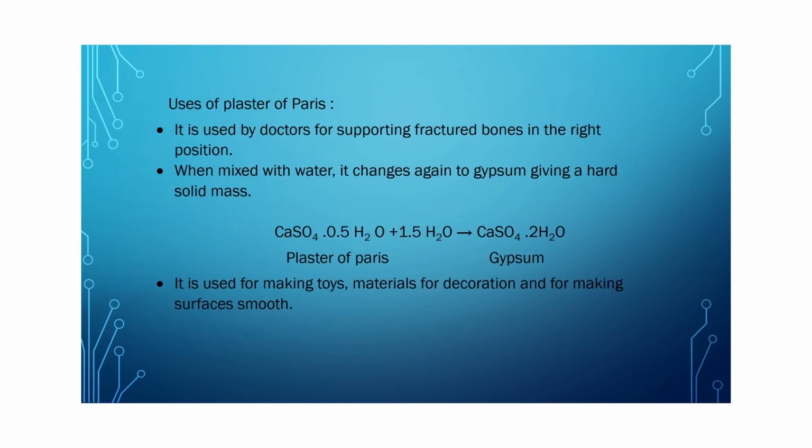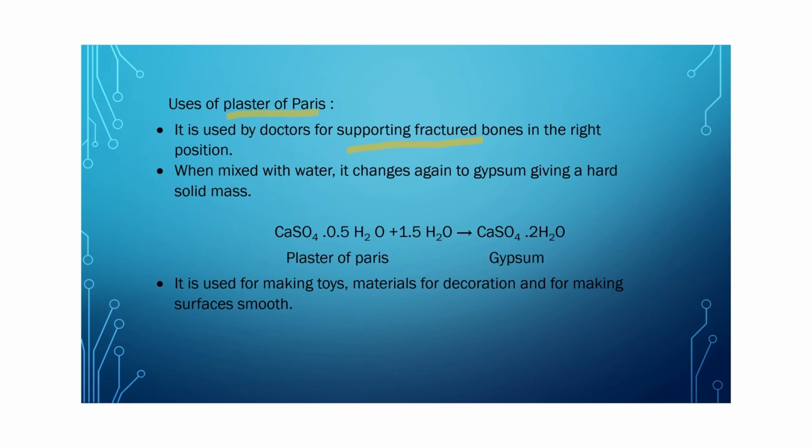Now let's discuss the uses of plaster of Paris. Plaster of Paris is used by doctors for supporting fractured bones in the right position. Whenever your bones get fractured, what does the doctor do? The doctor applies a plaster around it. The plaster is made of plaster of Paris to put it in the right position.